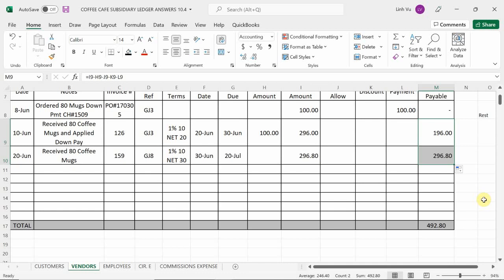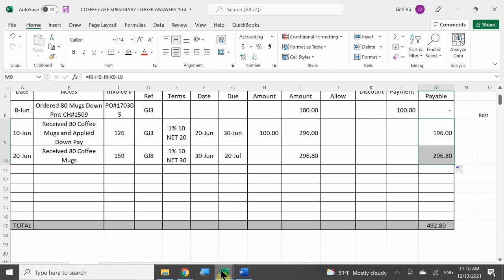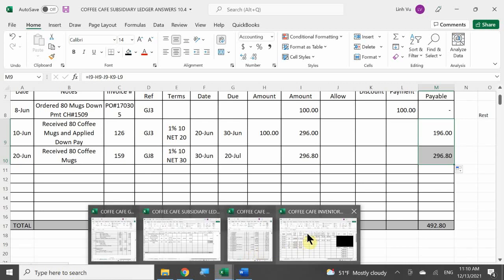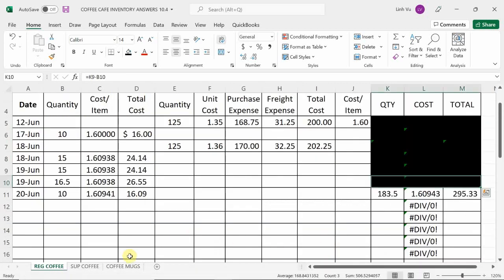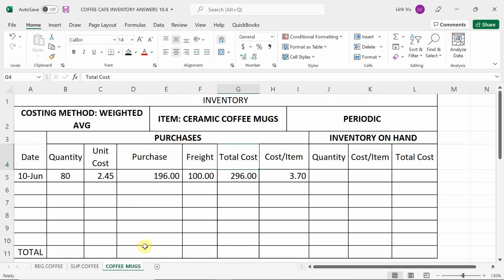Last but not least, we purchased inventory. So what do we need to do with that inventory? Add it in. We can add it in now because it dealt with a purchase.